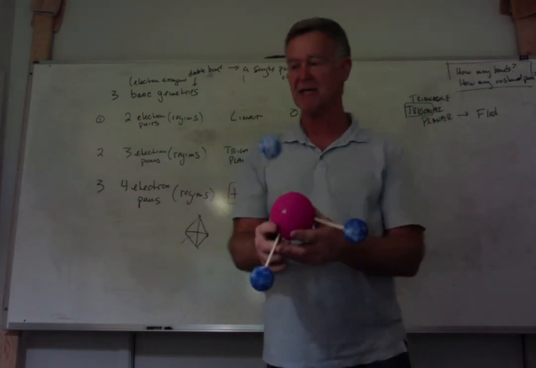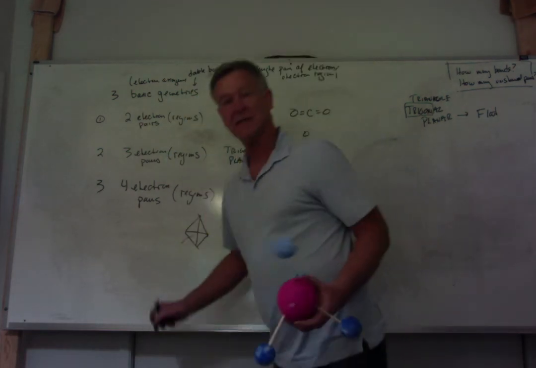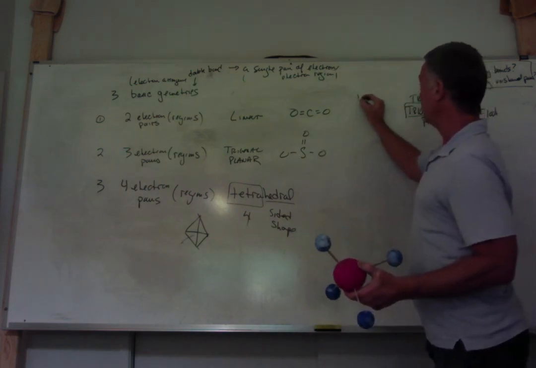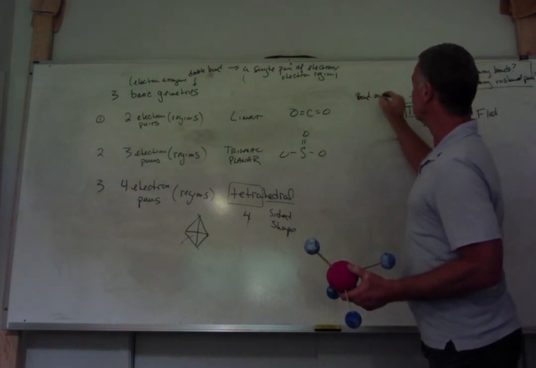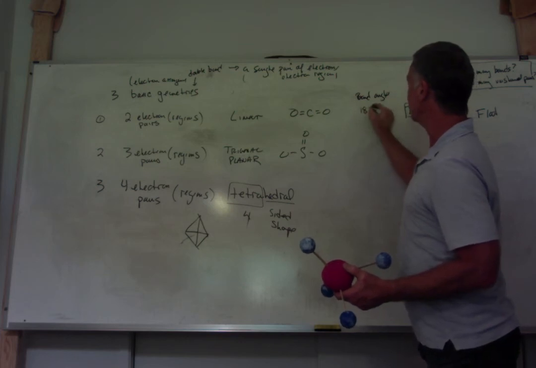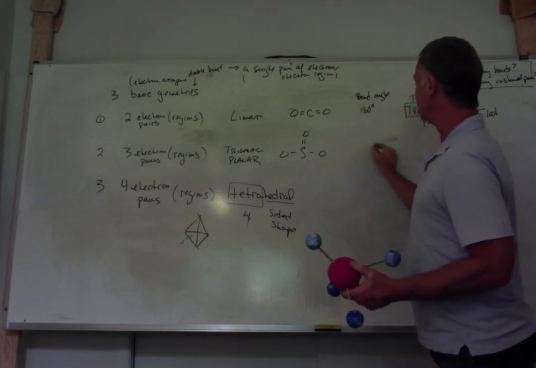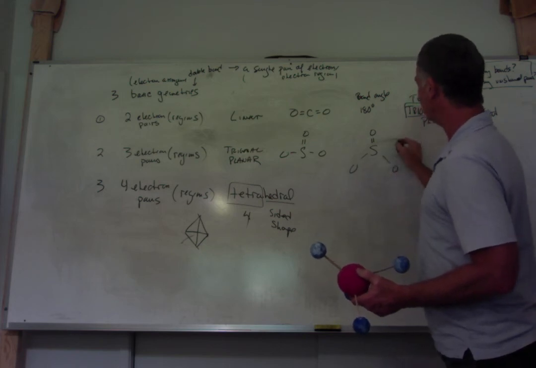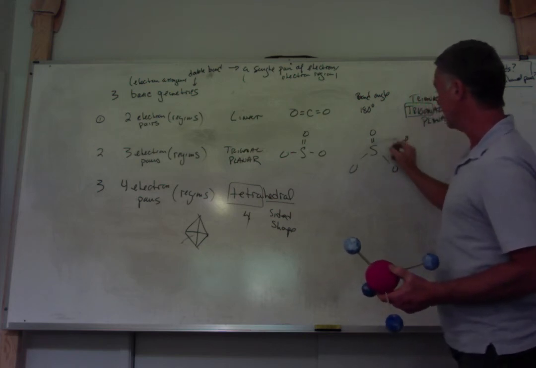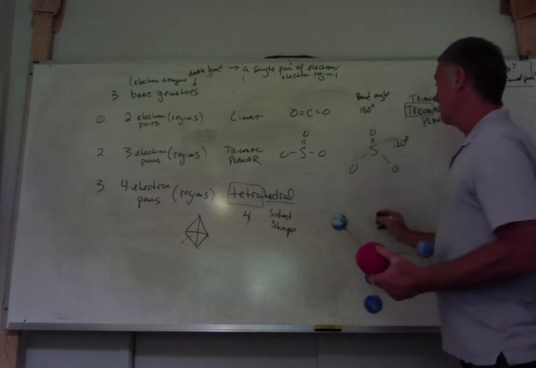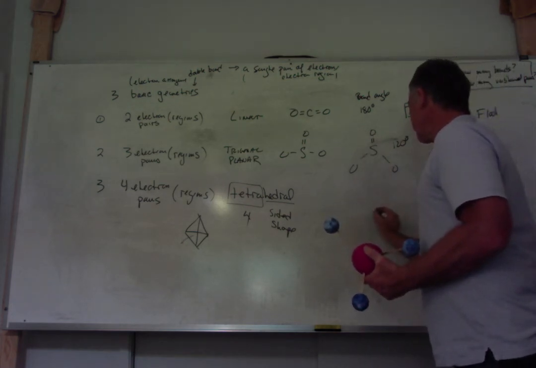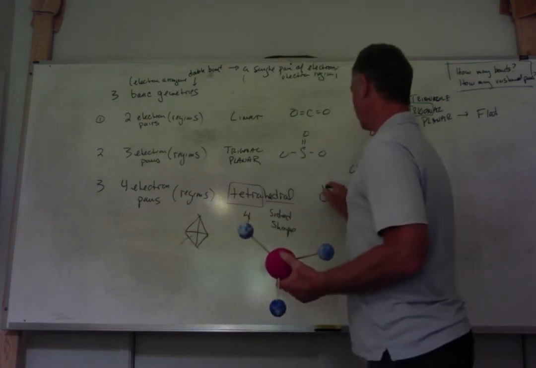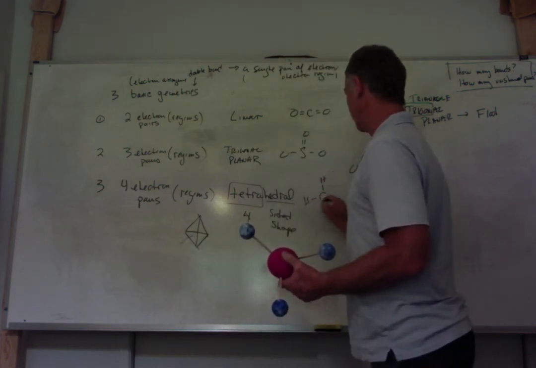By the way, I forgot to mention that. That angle is called the bond angle. So on this one, the bond angle is 180 degrees. On this one, if we actually draw it out, our bond angle is 120 degrees. It's 120 degrees around. But when we do the tetrahedral, and by the way, tetrahedral would be something like methane, CH4.